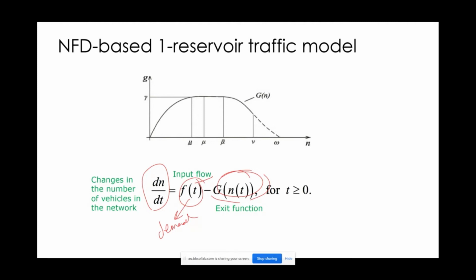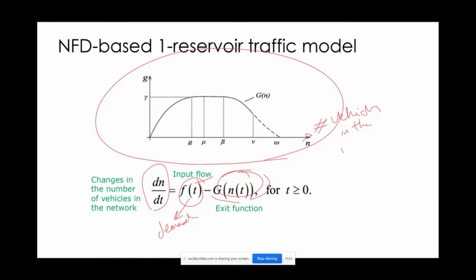So imagine this MFD representation, which on the x-axis has the number of vehicles in the network, and on the y-axis has something we call network production, or the trip completion rate.